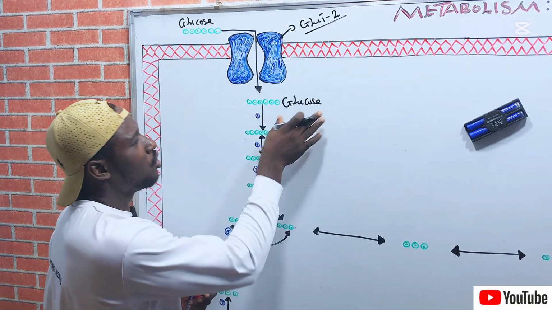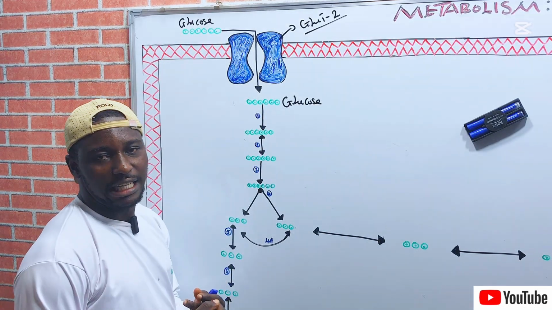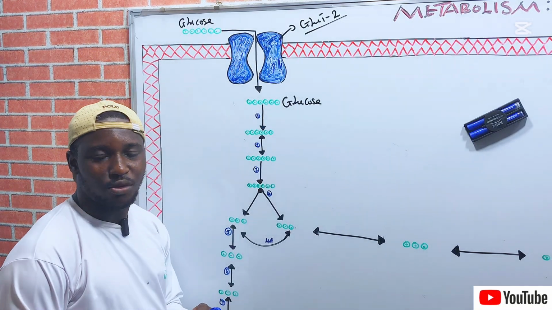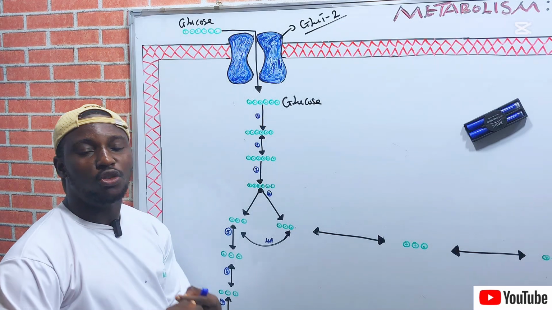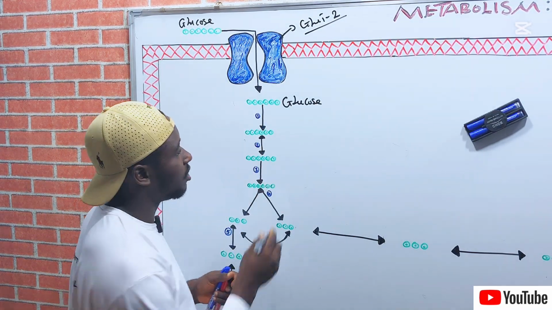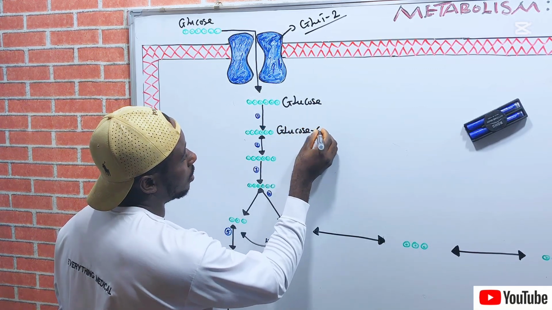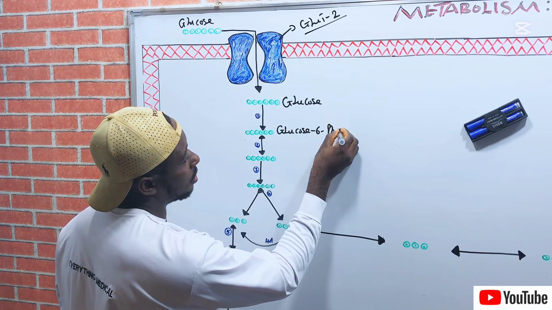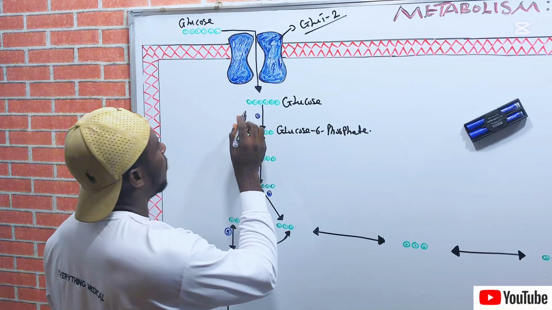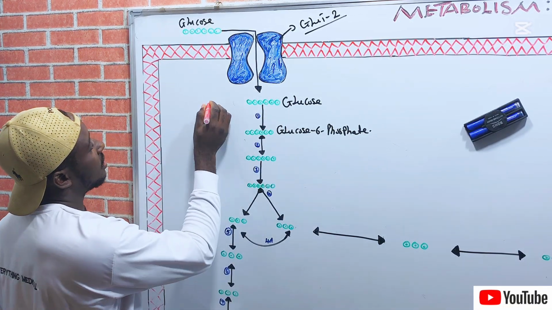Now, once glucose has been transported, what will happen next? Glucose will be phosphorylated into glucose 6-phosphate by an enzyme called hexokinase or glucokinase.